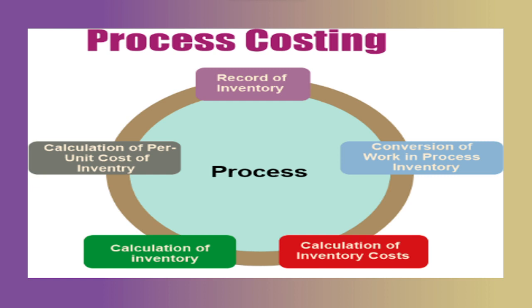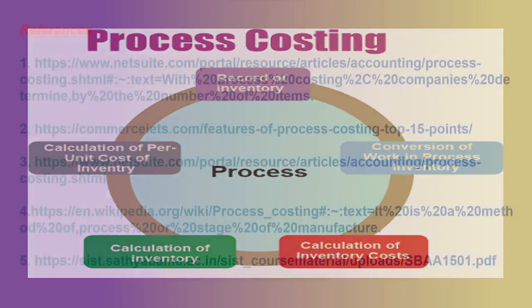Different processes go for calculation of the inventory cost involved in a particular process. And when it comes to the final process, the value of the inventory as a whole is taken into account. Finally, the cost per unit of the inventory is calculated. So these are the steps involved in process costing.